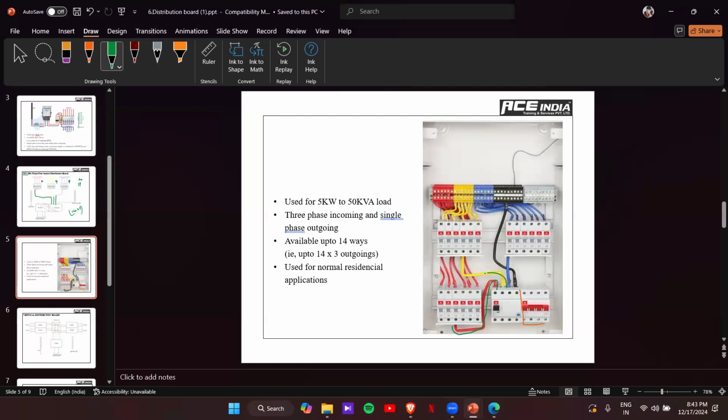This one is our Y phase outgoing, this one is our B phase outgoing, and the black one is our neutral link. So that's our connection. And in three-phase connection, up to 50 kVA load, you can use the TPN DB.